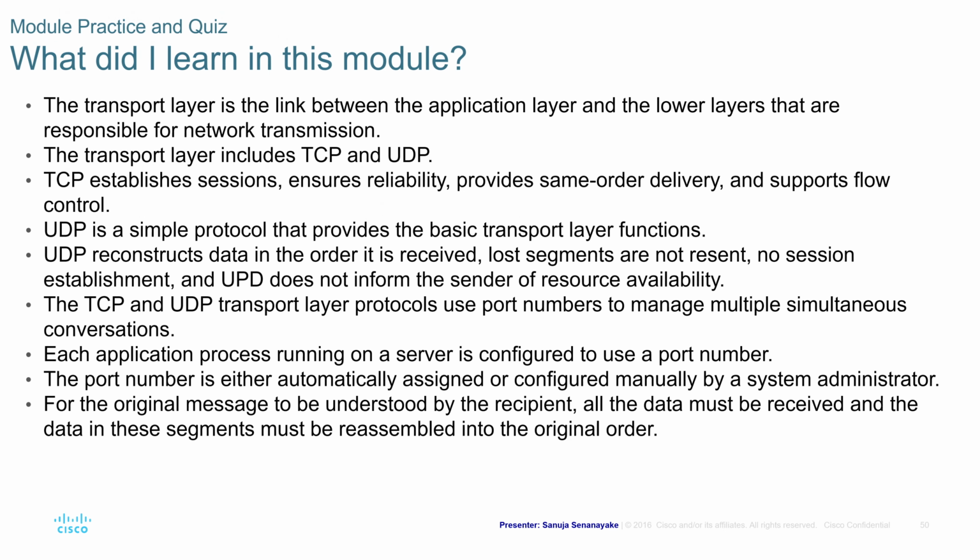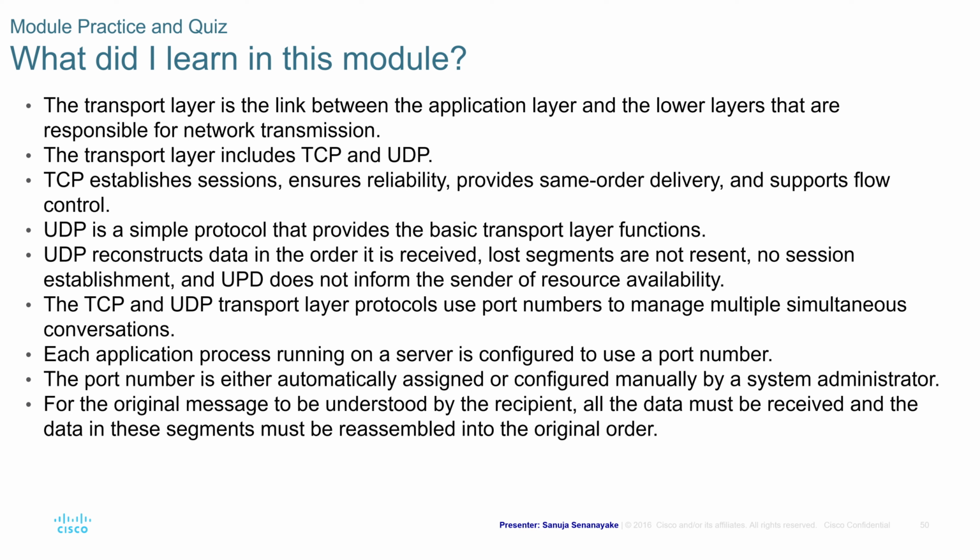So what did we learn in this module? We learned that the transport layer is the link between the application layer and the lower layers that are responsible for network transmission. The transport layer includes the TCP and UDP protocols. TCP establishes sessions, ensures reliability, provides same-order delivery, and supports flow control.